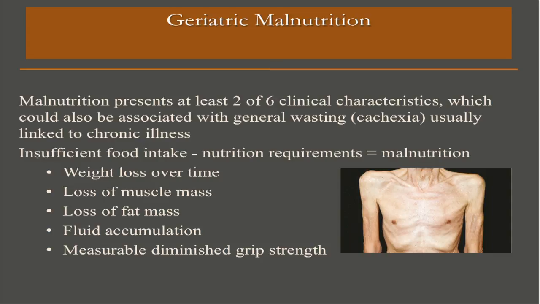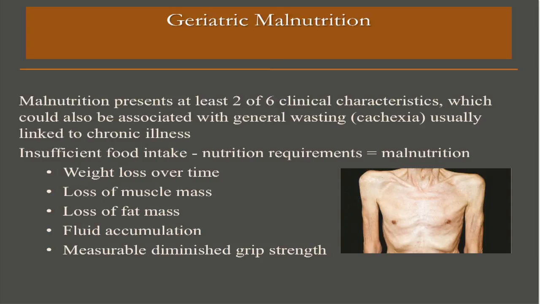Unfortunately, malnutrition among elderly too often goes unrecognized. Malnutrition presents with at least 2 to 6 clinical characteristics, which could also be associated with general wasting or cachexia, usually linked to chronic illnesses. Insufficient food intake can be due to many reasons.